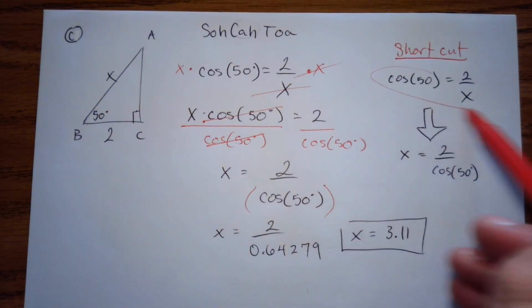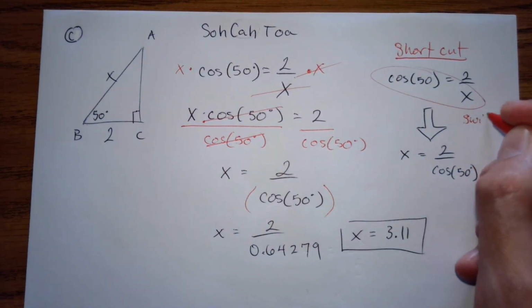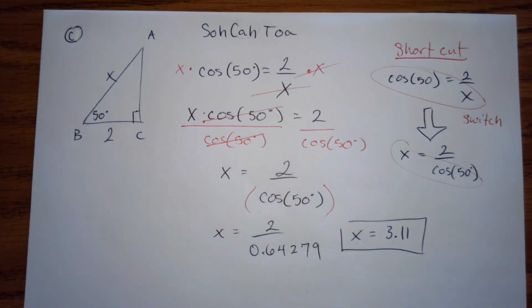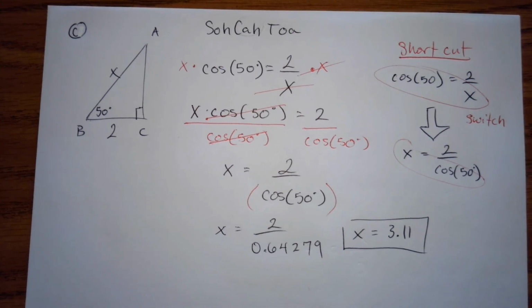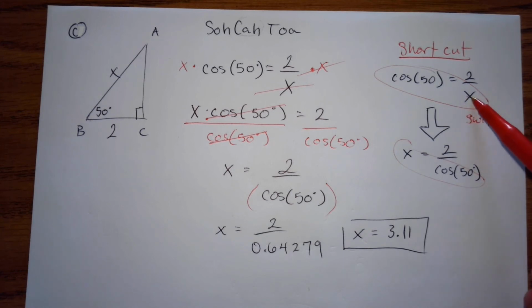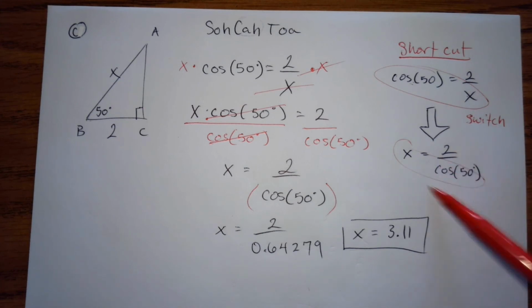These just switch places. If x is on the bottom, you just switch places. And then just type it into the calculator. If x is in the bottom, switch the x and the left side. These are all the steps to do that, but that'll happen every time you're trying to solve for x and x is in the bottom. So that's the shortcut, and then you can type that into the calculator really quickly.